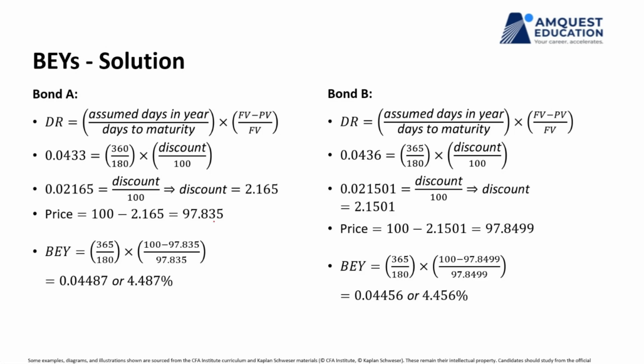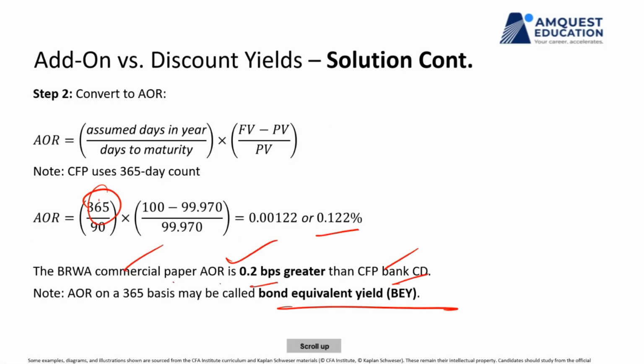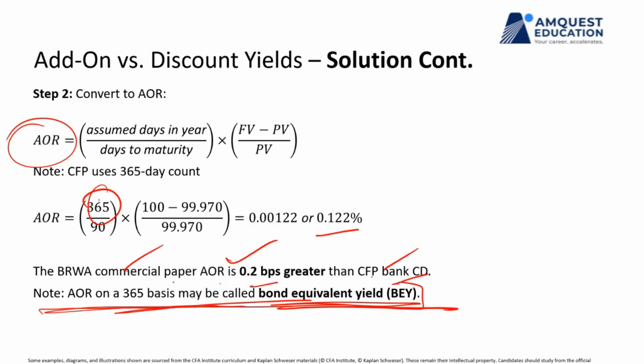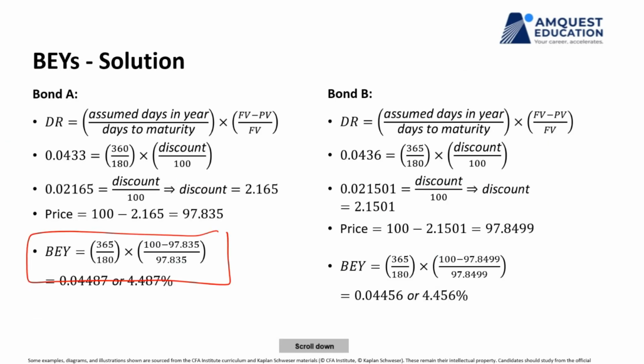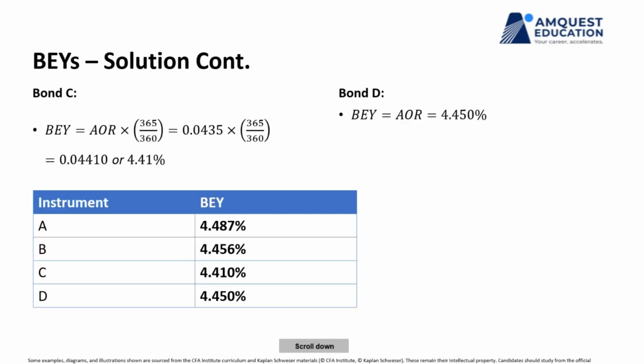AOR on a 365 basis may be called the bond equivalent yield. So bond A, bond B, bond C, and bond D. You have bond equivalent yield for all 4 securities: 4.48, 45, 41, 45. And because A has the highest bond equivalent yield, that is the bond which is most desirable in this category.